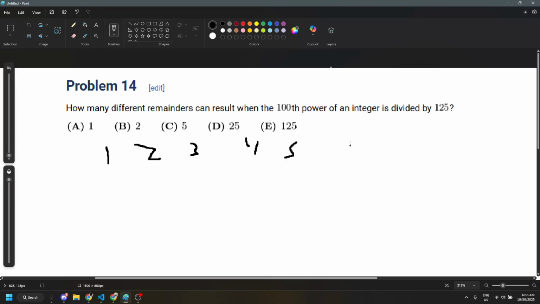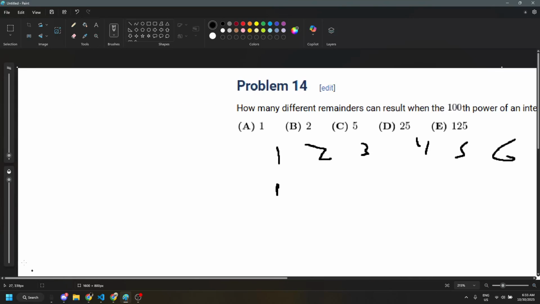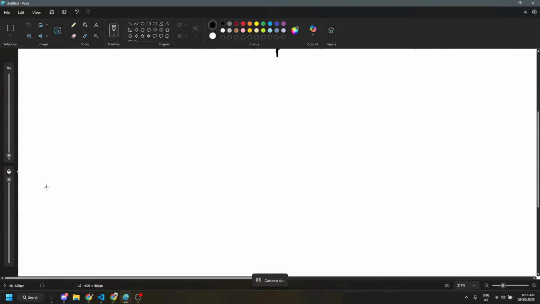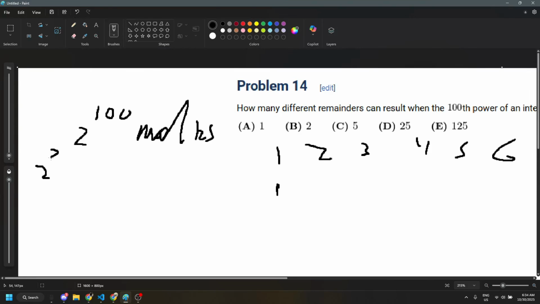3, 4, 5, 6, 7, 8. And of course, when brought to the 100th power, 1 is 1. 2 to the 100th power mod 125 is, well, 2 to the what, 128, 2 to the 7.